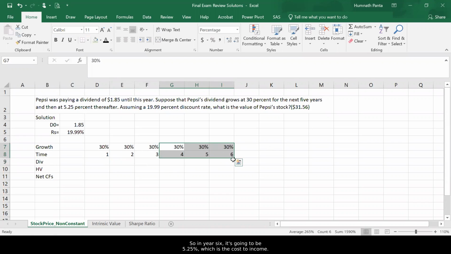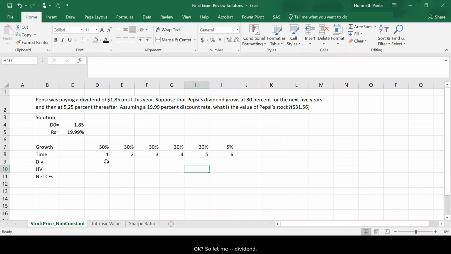So in year 6 it's going to be 5.25%, which is the constant growth. So we have a dividend growing here at a high rate, and here the dividend growth is constant. And as you remember, we can treat this valuation as a constant growth model, and we can find the stock price in year 4.